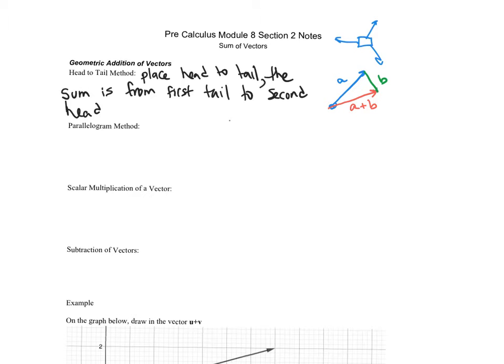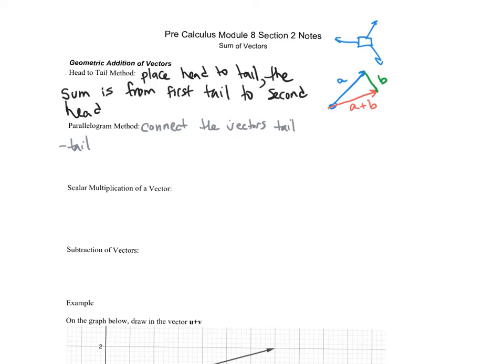The most popular method to add vectors is what's called the parallelogram method. In the parallelogram method, you connect the vectors tail to tail. So you basically put them tail to tail, and this is a real popular method because this is how most vectors are, because they all start at the origin.